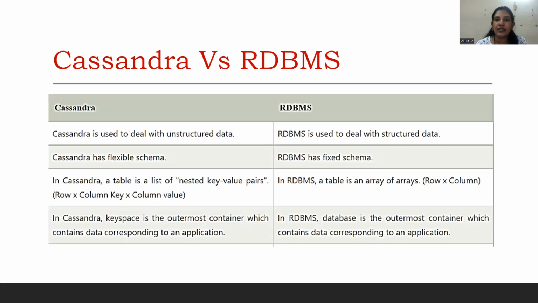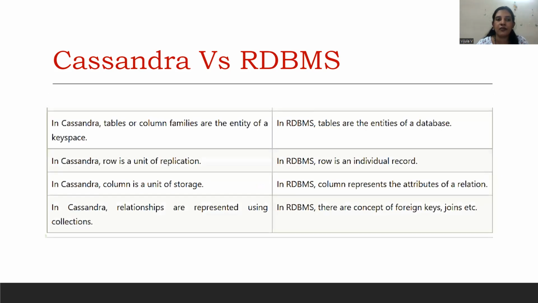But in RDBMS, a table is an array of arrays, that is row and column. In Cassandra, keyspace is the outermost container which contains data corresponding to an application. But in RDBMS, database is the outermost container which contains data corresponding to an application.